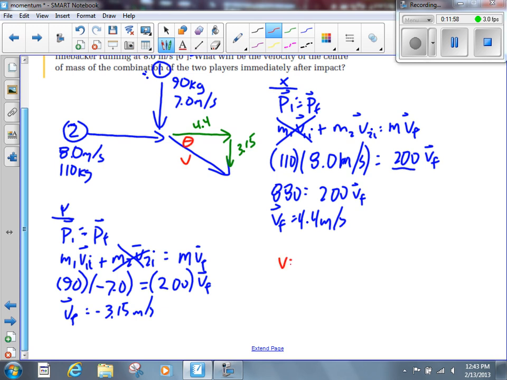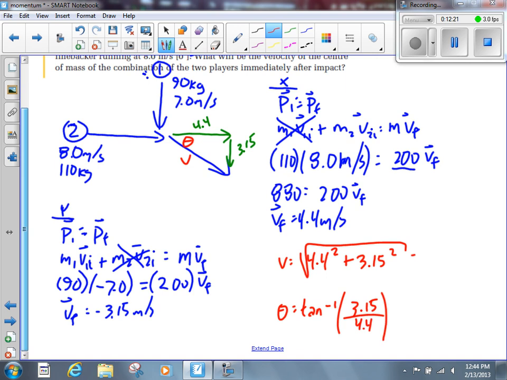Let's do the Pythagorean theorem. 4.4 squared plus 3.15 squared. Let's find the angle by using the inverse tan function of opposite over adjacent. This is all physics 20 now, right? You didn't do it with momentum in physics 20, but you did it with displacement and with force. Exactly the same mathematics. 3.15 over 4.4.